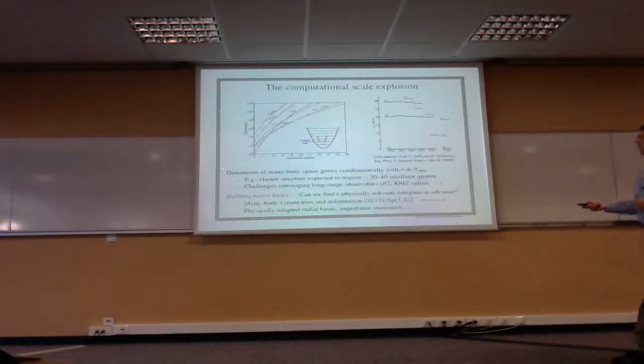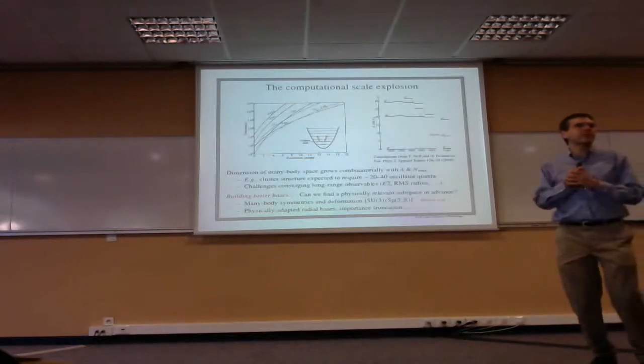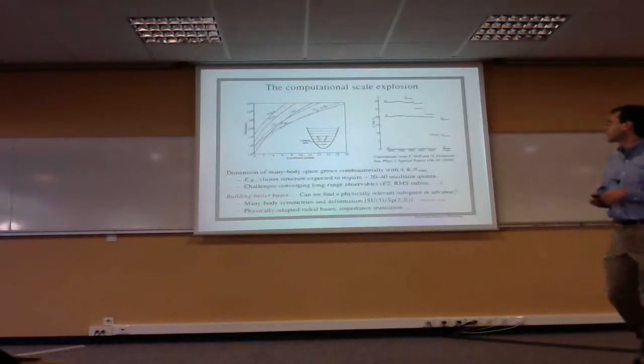And let's look at this. If we could get to infinitely large bases, it would be no problem. But, and this is what we were touching on before, the dimension of the many-body space grows combinatorially, both with the number of particles, as you go from beryllium to oxygen to magnesium, let's say, and with how complete a basis we try to build, our truncation parameter Nmax.